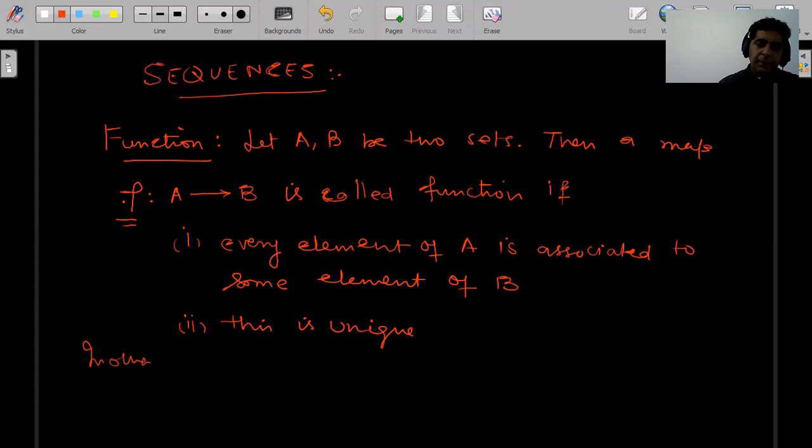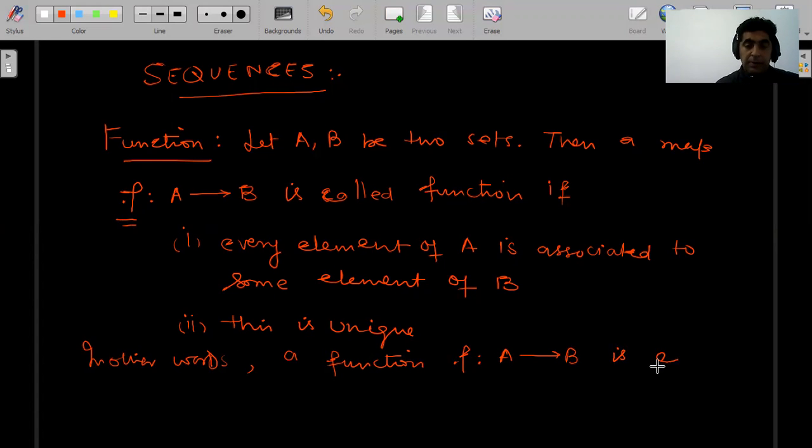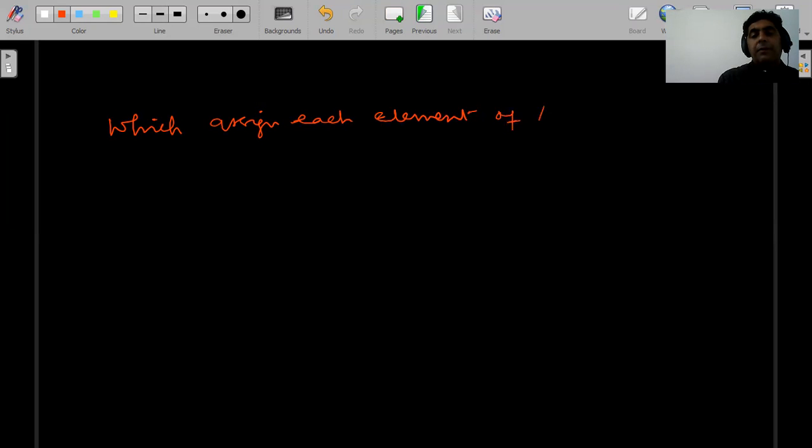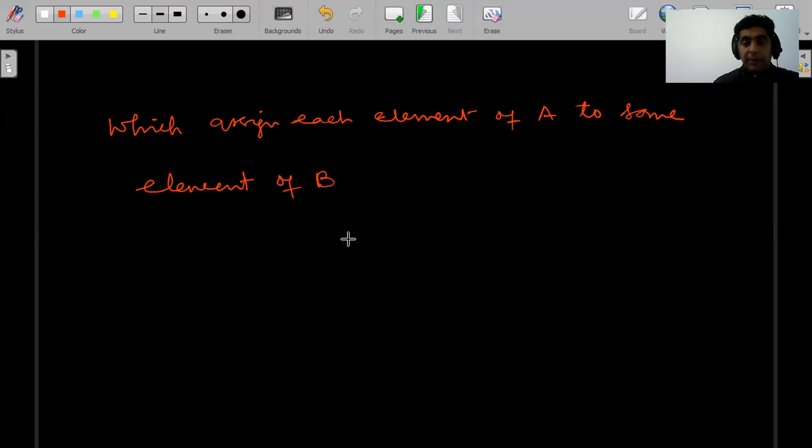In other words, a function f from set A to B is a rule which assigns each element of A to some element of B uniquely.